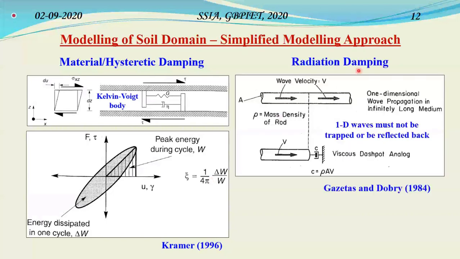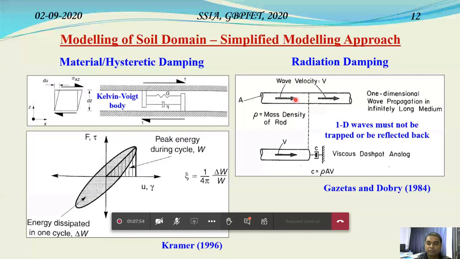Next, we have radiation damping. As the name suggests, the waves move on, and the influence of the waves gets redundant as they move far and far away from the point of generation. So in terms of one-dimensional wave propagation in an infinitely long medium, it should not happen that the waves get trapped or reflected back into the medium.